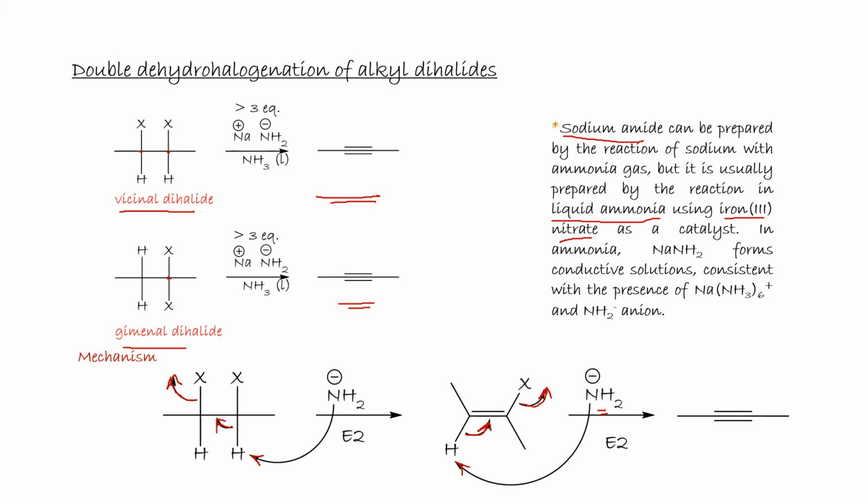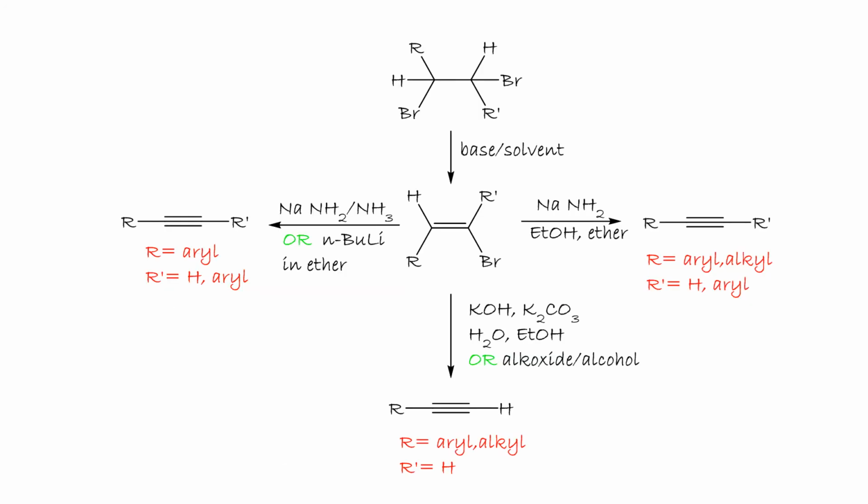In ammonia, sodium amide forms a conductive solution consistent with the presence of Na(NH3)6 cation and NH2 anion. Here are similar reaction conditions for the transformation of the dihalide, dibromo compound in this case, to alkynes.